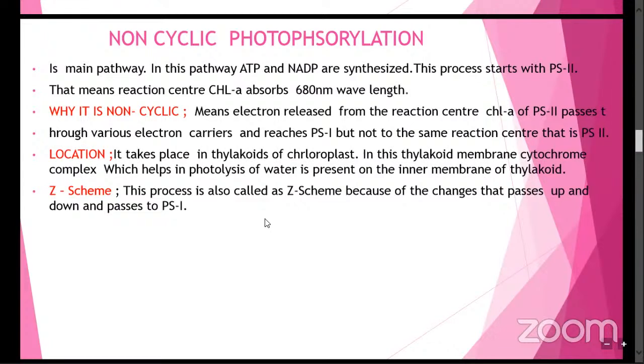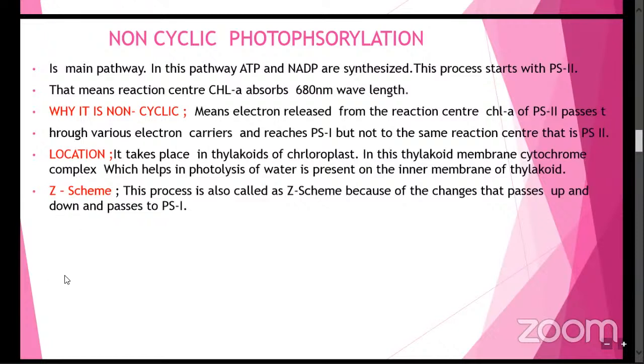Originally it is in the shape of N, but that continues to PS1. That's why the shape changes. It goes on in the shape of the Z alphabet. That's why this process is also called Z scheme, because of the changes that pass up and down and pass to PS1. So the other name for non-cyclic photophosphorylation is Z scheme.